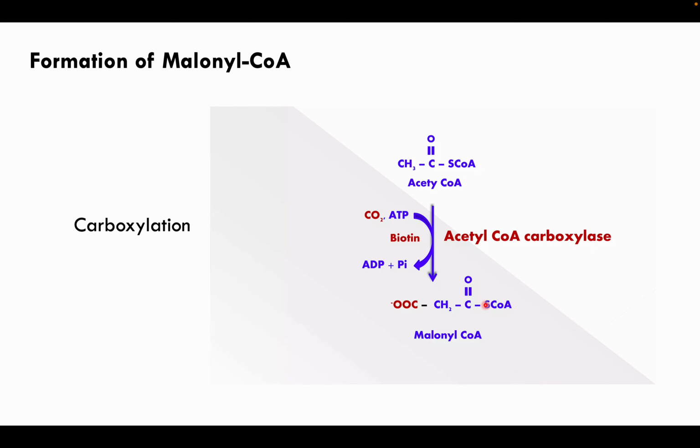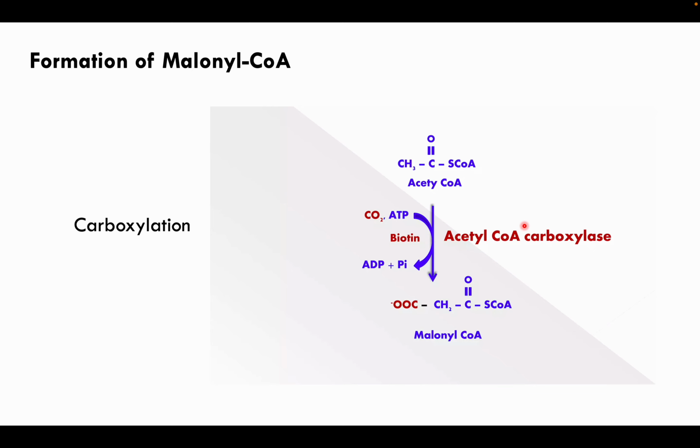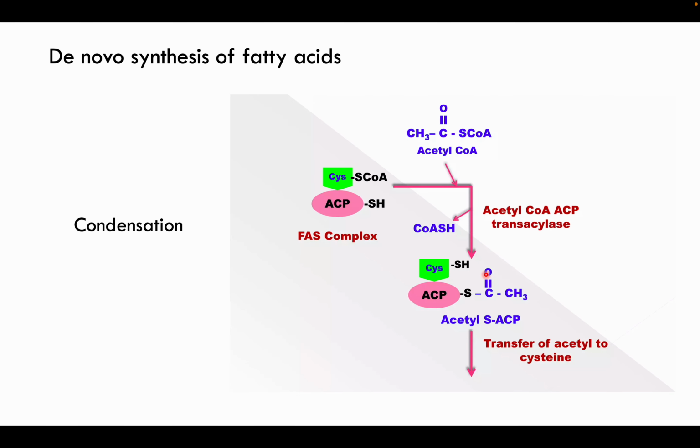So now we have the malonyl coenzyme A and the acetyl coenzyme A. So this is called the condensation, where we are combining both acetyl coenzyme A and also the malonyl coenzyme A. But before that, the first step that I told you occurs by this enzyme, acetyl CoA carboxylase, but after that all the steps happen by this fatty acid synthase complex.